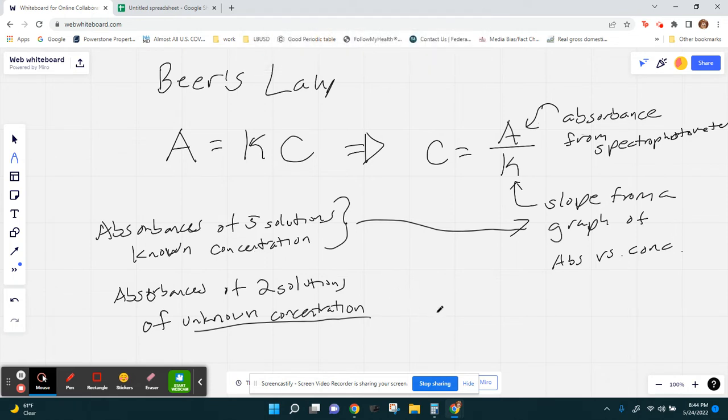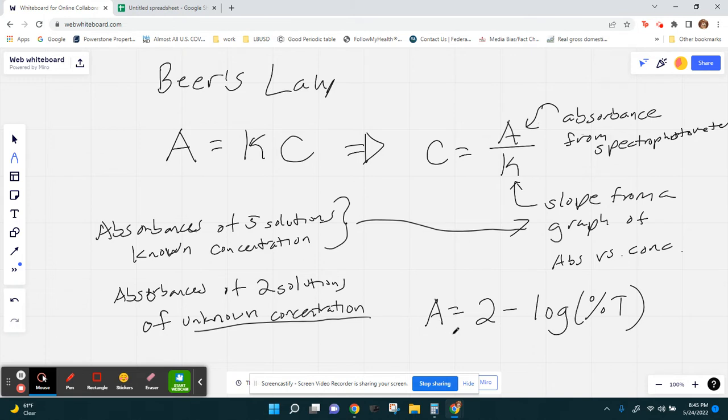The absorbance is equal to 2 minus the logarithm of the percent transmittance. So whatever your percent transmittance is, on a calculator, plug it in, hit the log button, and then take 2 minus that, and that'll give you your absorbance.